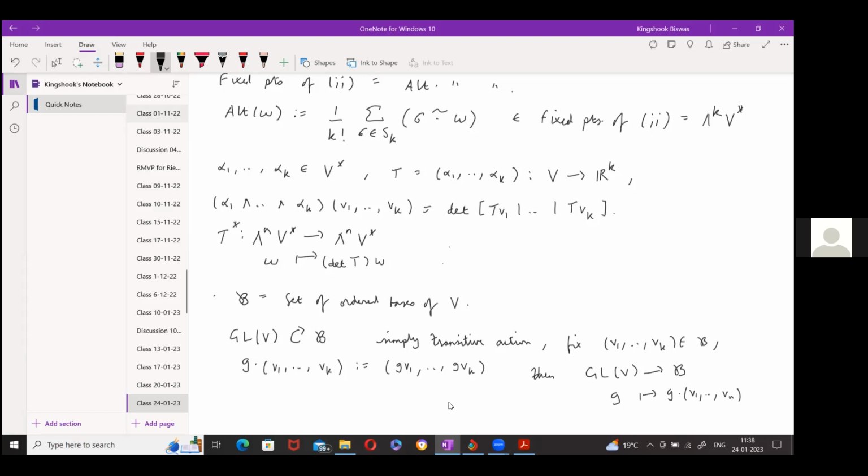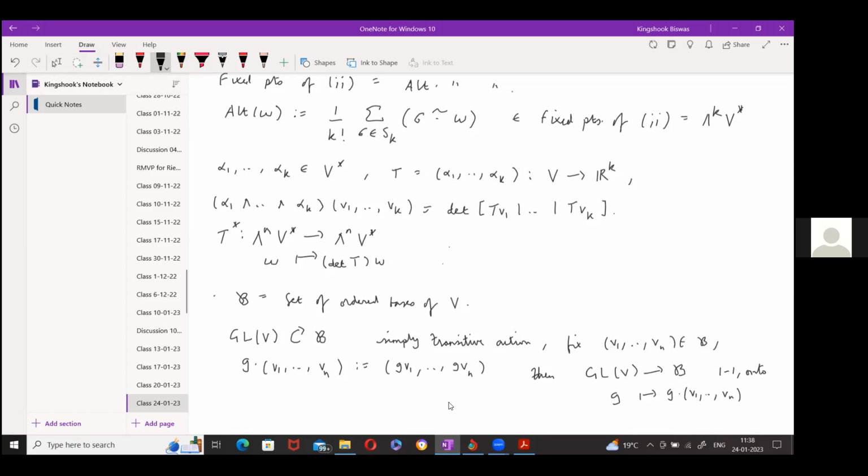This is an N here, sorry, not a K. This map is a bijection, right? This map is one-to-one and onto.